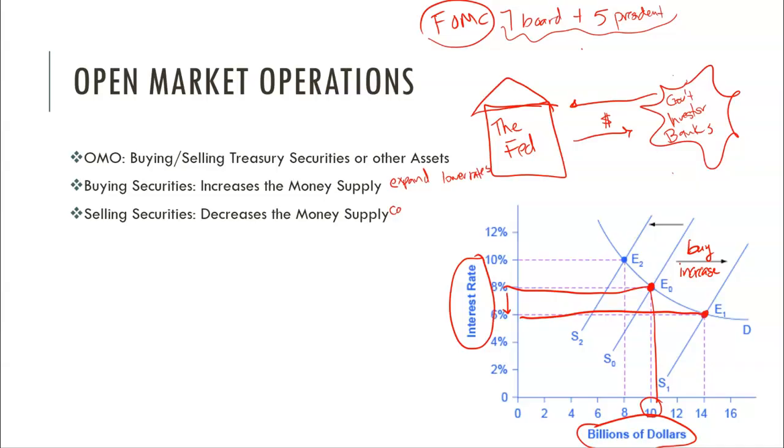Selling securities is when you want to contract the economy, shrink the economy, and you're going to increase rates. So during times of high inflation, like 2023, you see the Fed increasing interest rates. And they're actually doing that by selling securities.